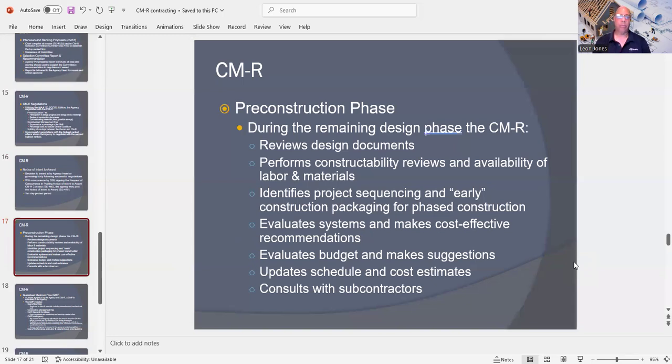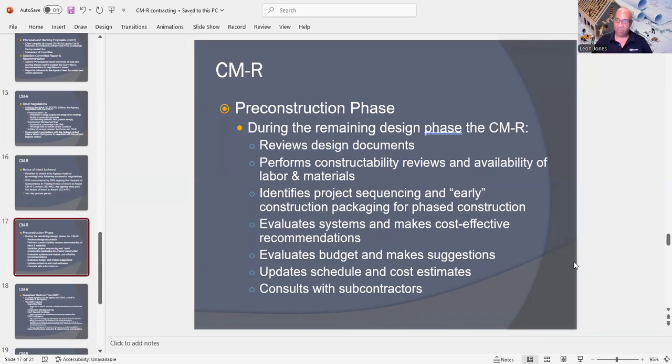They're going to identify project sequencing and early construction packaging for phase construction. They're also going to evaluate systems and make cost-effective recommendations.